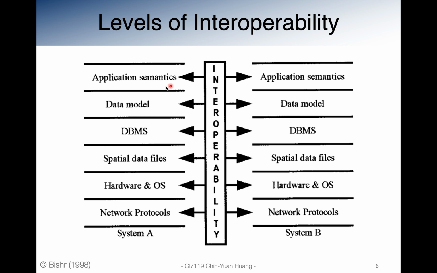In this case, the application semantics can achieve the interoperability across system A and system B at this semantic level. In Bisher's paper, he introduced these different levels of interoperability quite clearly.